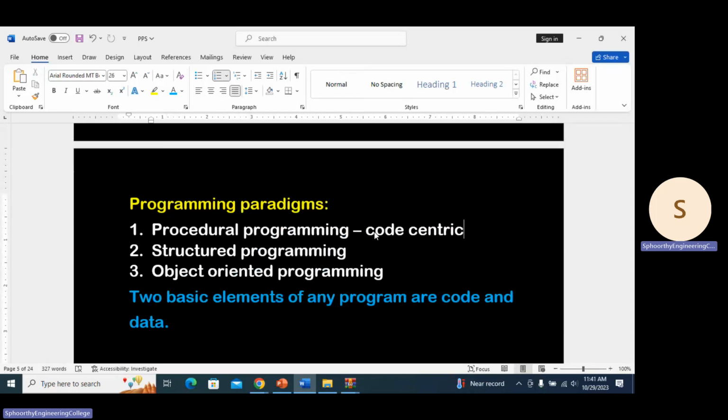Suppose the student has to write 10 pages of essay. Suppose there are 4 or 5 lines or one paragraph used in page 1, and it is very, very important, and maybe it comes 7 or 8 times in the entire essay.